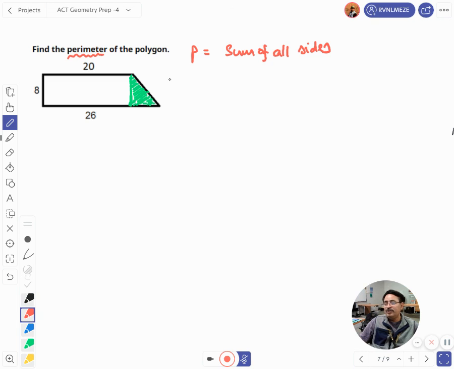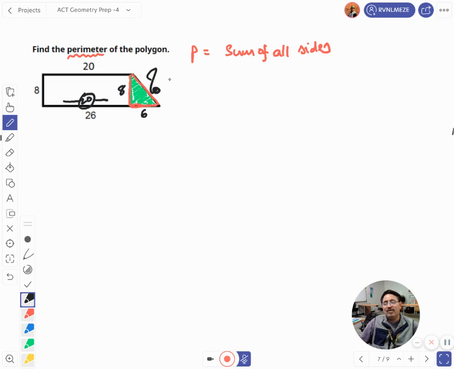Just let me assume that this is the altitude or height, and this is the right triangle, and this one is a rectangle. In a rectangle, opposite sides are equal. Therefore, this is going to be 8, and this is going to be 20. If this is 20, the remaining part is going to be 6. It's easy: from 26, you take away 20, then you'll get that this portion is 6.